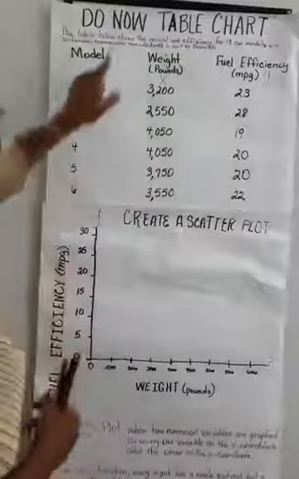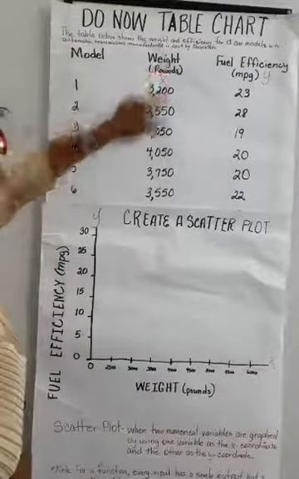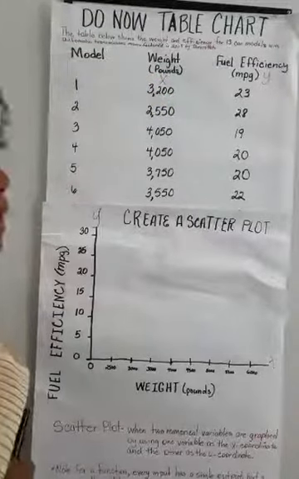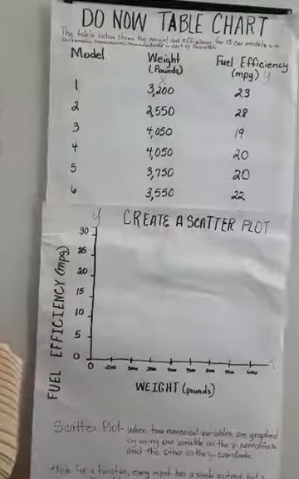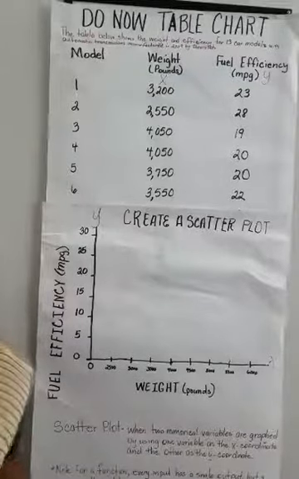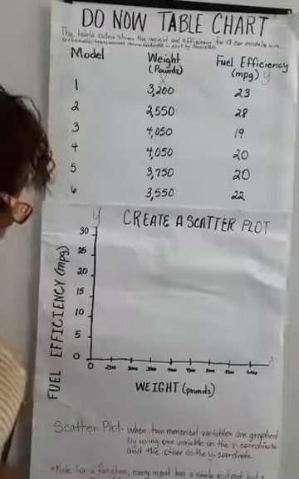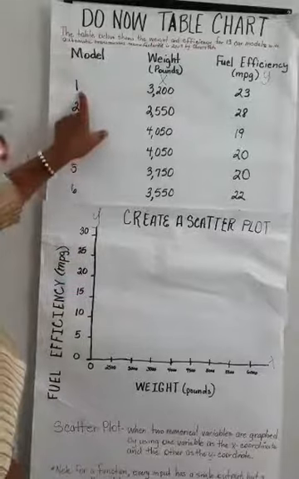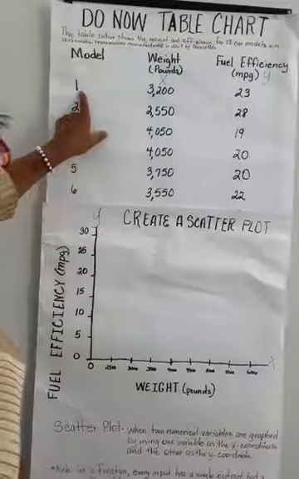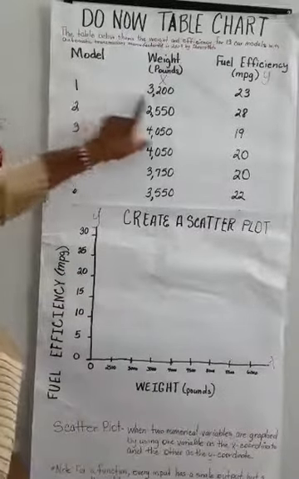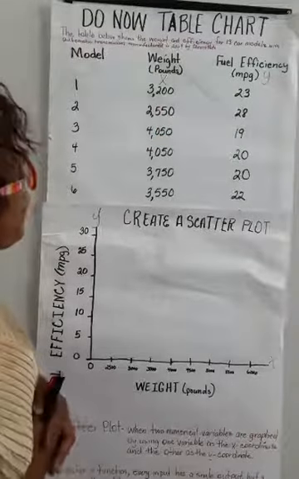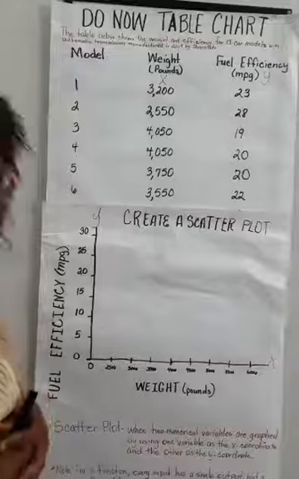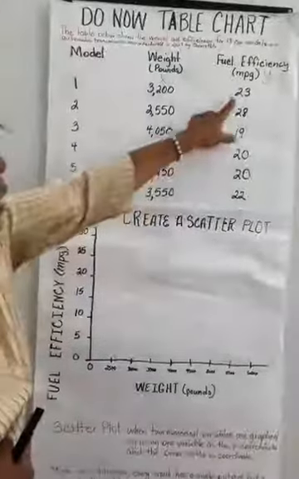So it says the table below shows the weight and fuel efficiency for 13 car models with automatic transmissions manufactured in 2009 by Chevrolet. Now, when we look at these points for model 1, you had a weight of 3,200 and the fuel efficiency, miles per gallon, gave you 23 miles per gallon.